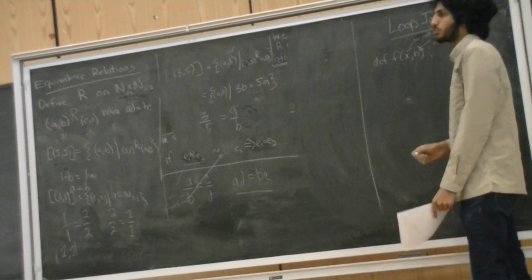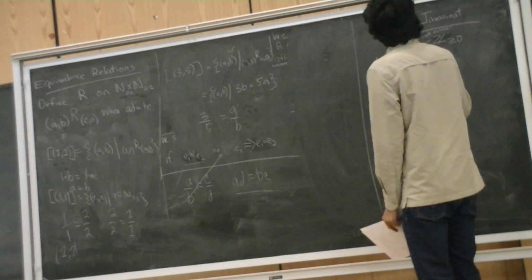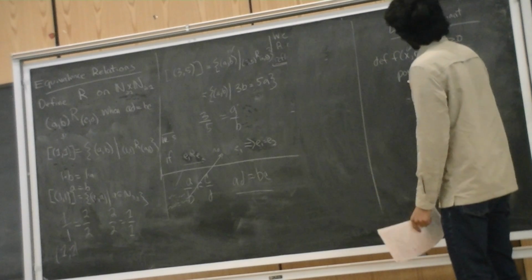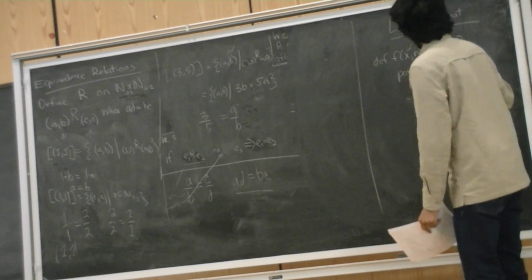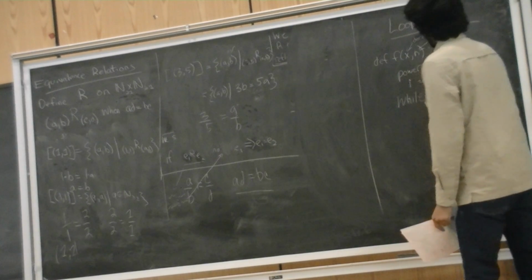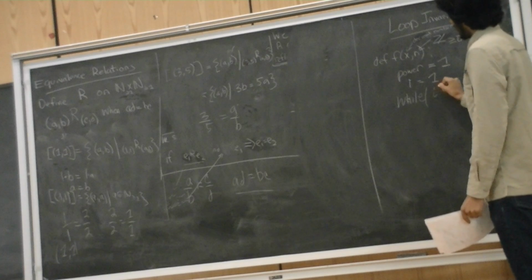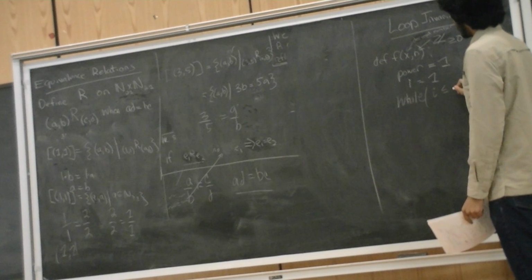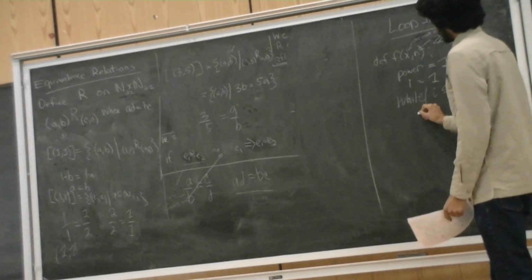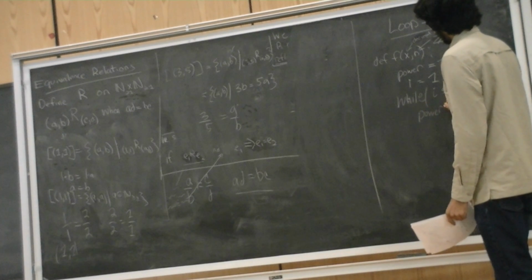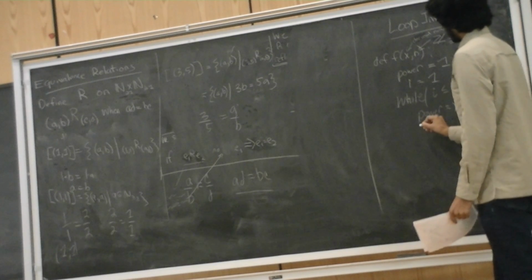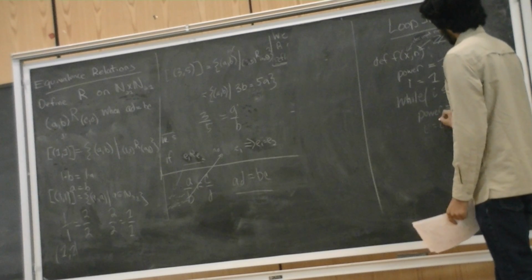Okay, and the function works as follows. First, it defines a variable power, which equals 1. And then it also defines an index, i, which equals 1. And then it says, while i is less than or equal to n, do the following. Set power equal to x times power, and set i equal to i plus 1.